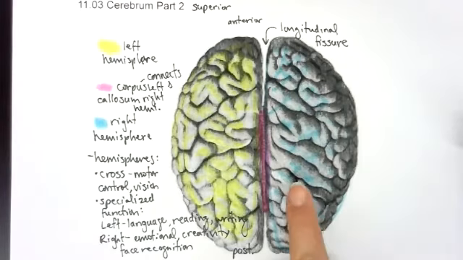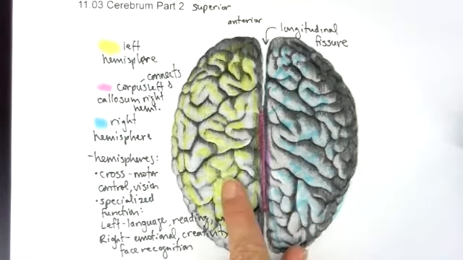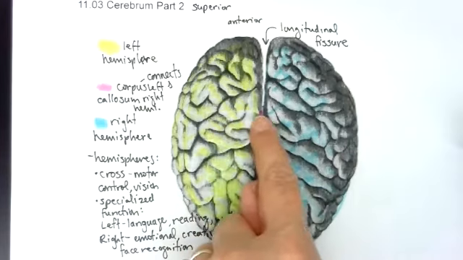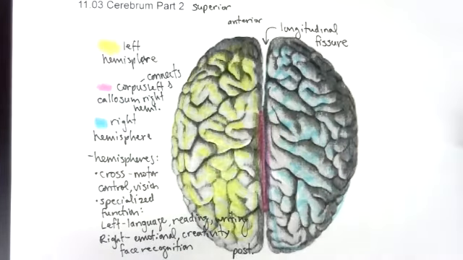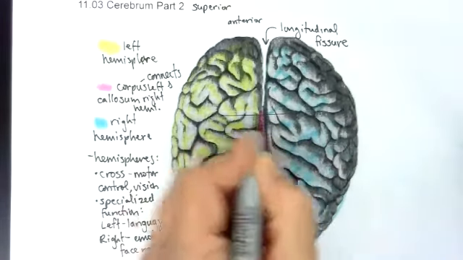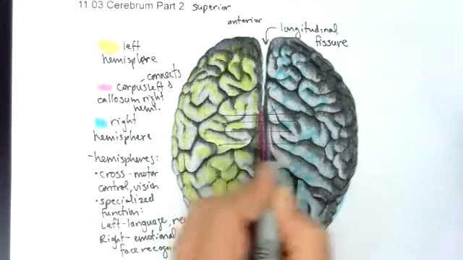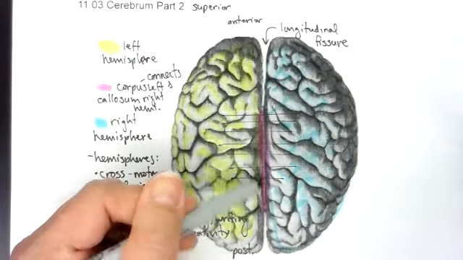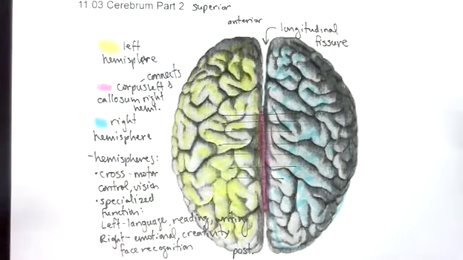And so if we have information on the right that needs to go to the left, and vice versa, it travels along this structure. If we could dissect, we would see long fibrous tracts that extend like this, but we only see a little bit of it exposed through the longitudinal fissure.